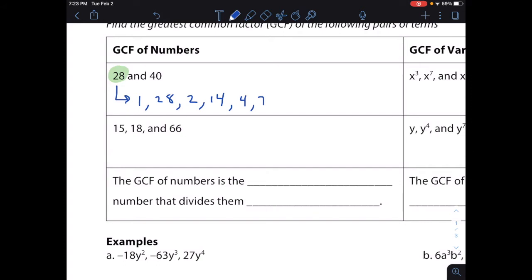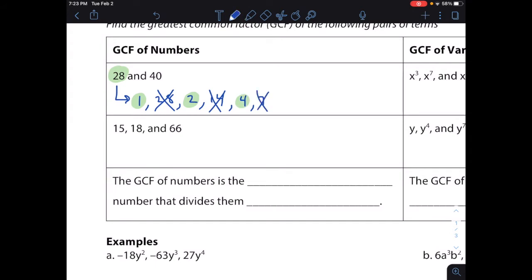All right. So in this case, I've got all the factors of 28, and what I need to do now is figure out which one of these numbers is the largest number that goes into 40 evenly. If you go through the list, 1 goes into 40 evenly. 28 does not, so we can cross that off. 2 does. 14 does not, so we can cross that off. 4 does, and then 7 does not.